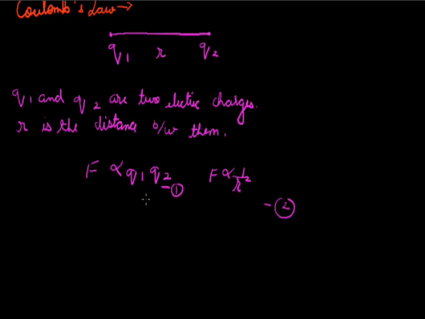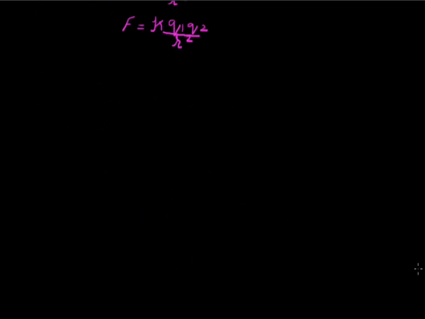On combining these two equations, we have F is proportional to Q1 Q2 by R square, and F is equal to K Q1 Q2 by R square, where K is the constant of proportionality.